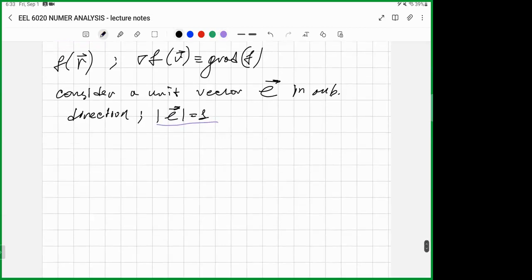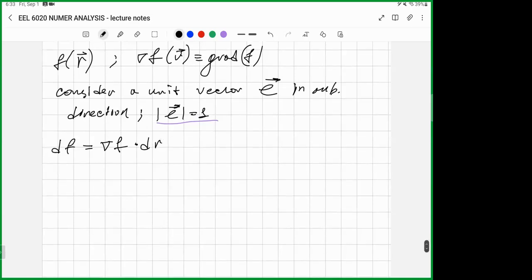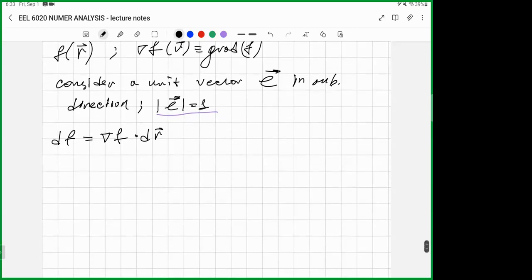All right. So let's recall that the change of the function is given by the gradient of this function times dr, and dr is the distance between two close points in this field. And of course we can write the same formula for the change of the field over a larger distance, for example, for this unit vector.